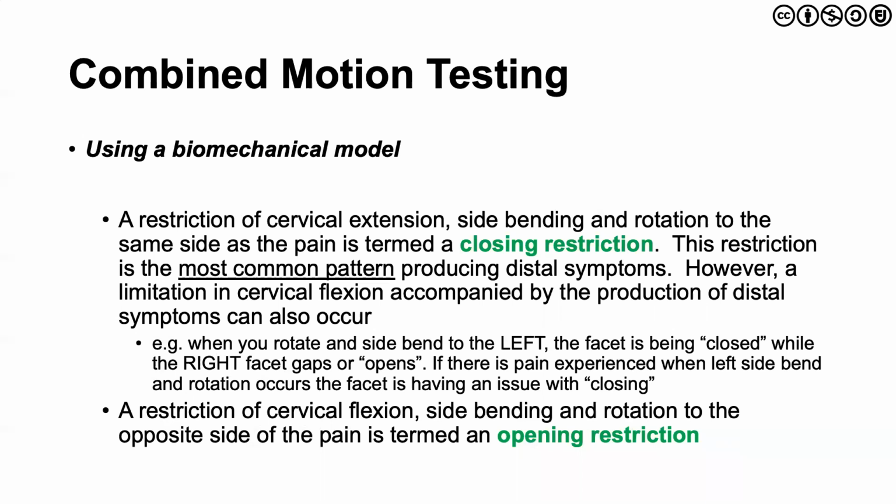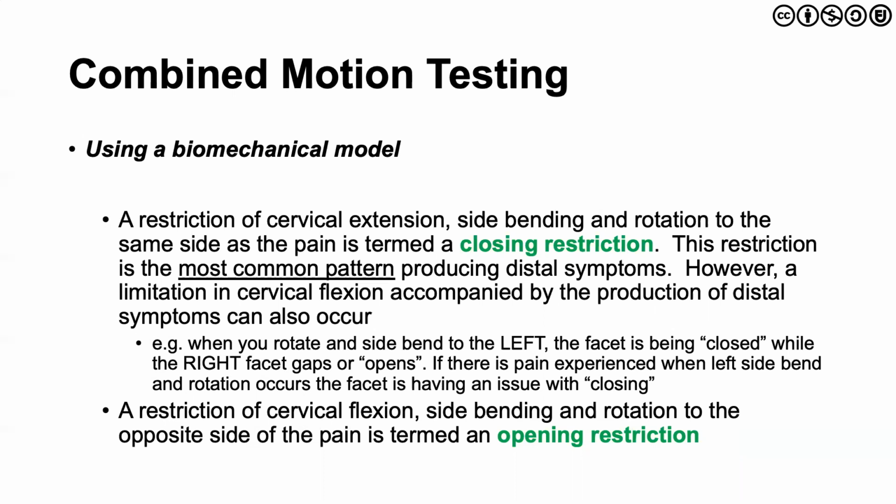For example, if we see a restriction of the cervical extension, side bending and rotation, and it is occurring to the same side, oftentimes this is referred to as a closing restriction. This restriction is the most common pattern that we see, and it oftentimes can produce distal symptoms, that being either referred symptoms or radicular symptoms.